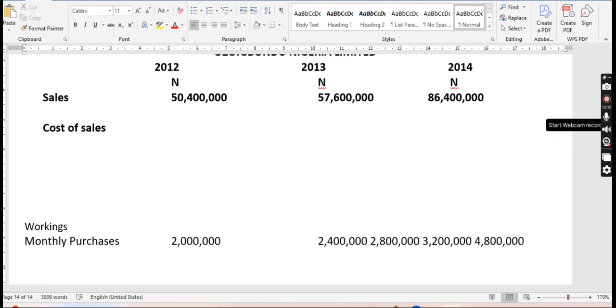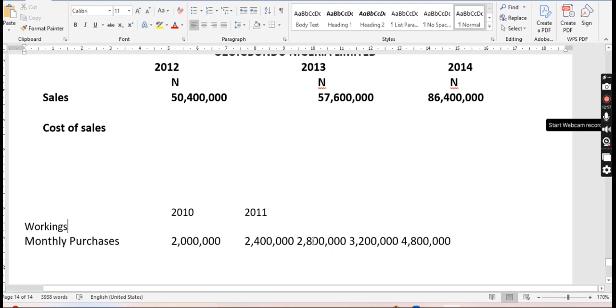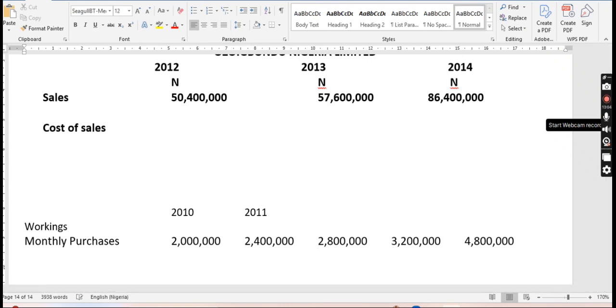The month starts from which month? 2010. The next one is what? 2011. Right. The next one is 2012.